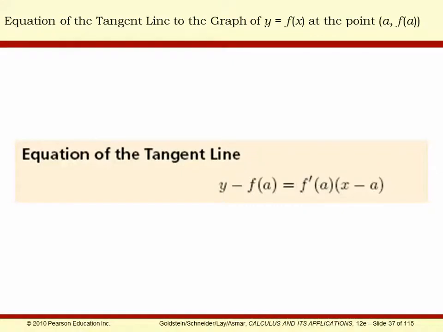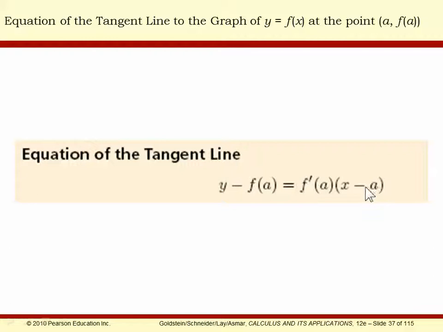Okay, so for doing these, what we're going to use is the point-slope equation of the line. And remember, it's going to be y minus the y-coordinate is equal to the slope, evaluated at a, which remember is the derivative, times x minus a.